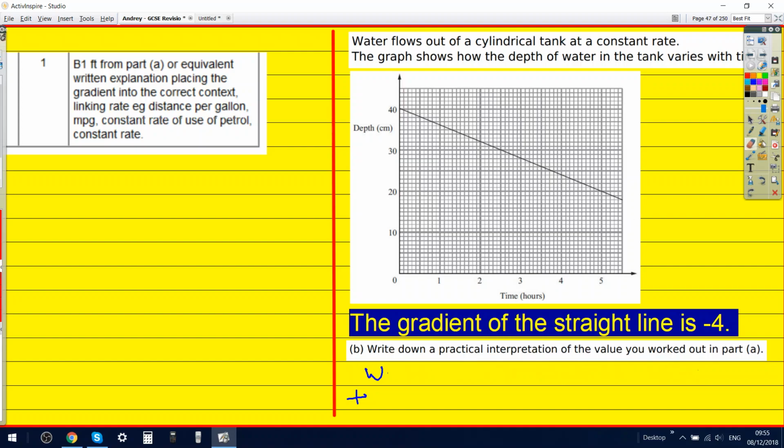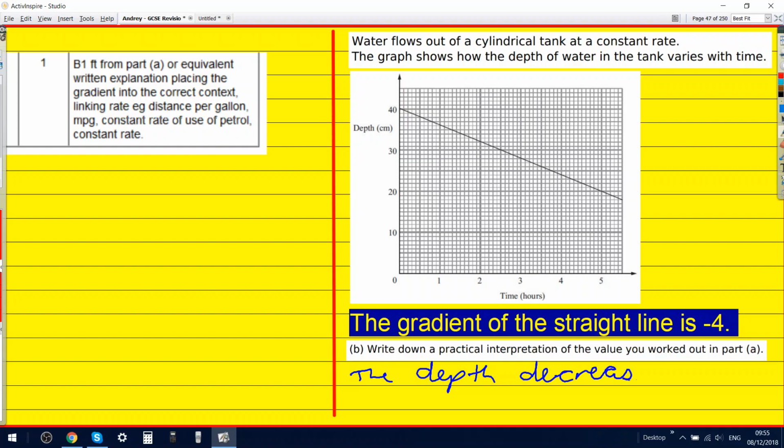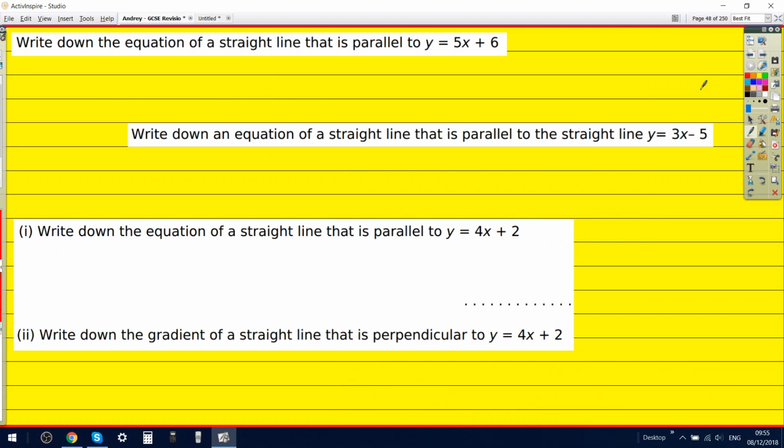I don't know. Yeah, that's good. So I wouldn't mix the two. There we go. The depth, let's say, decreases by 4 centimeters per hour. Yeah. 4 centimeters every hour.